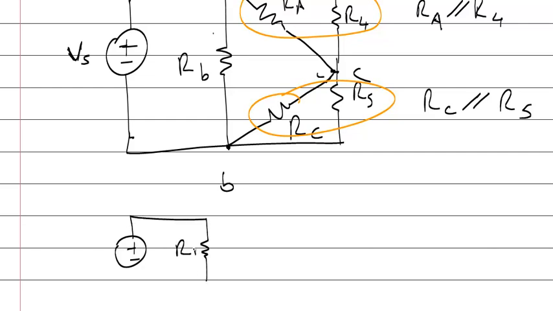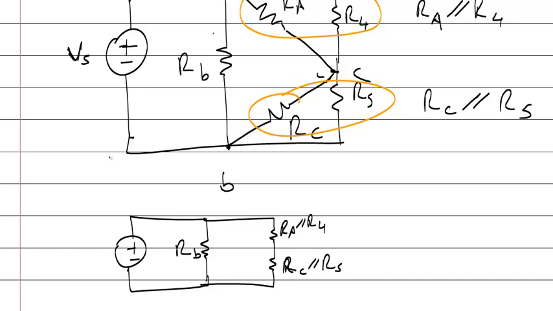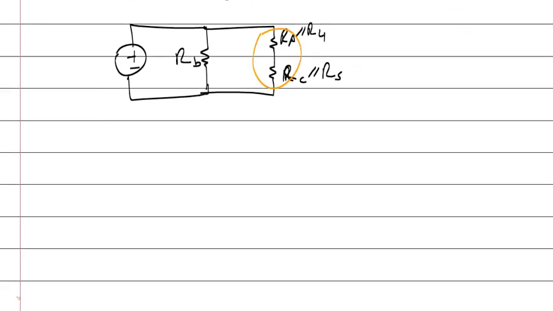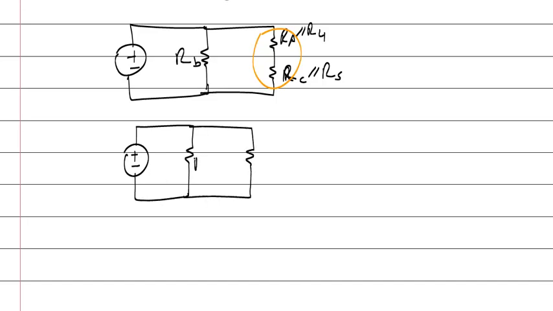This is RB. This is a combination. That's another combination. Okay, RA, R4, RA, R4. This is RC, R5. Now, as you see, these two are in series. This is RB.